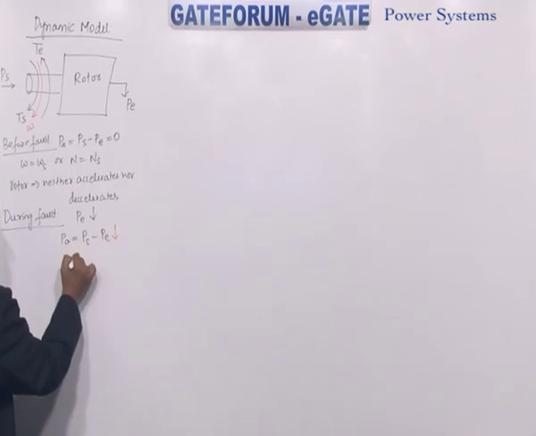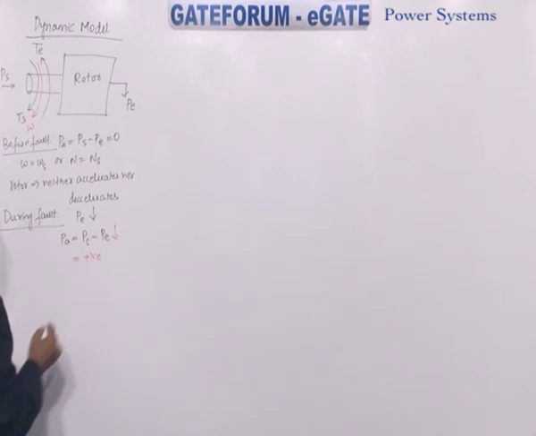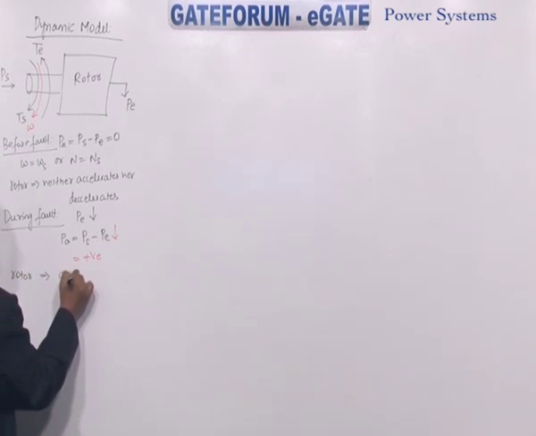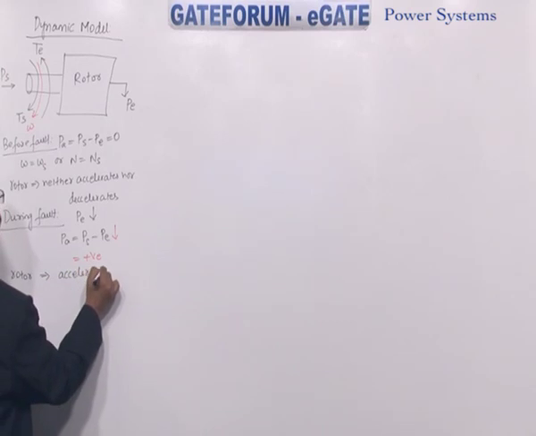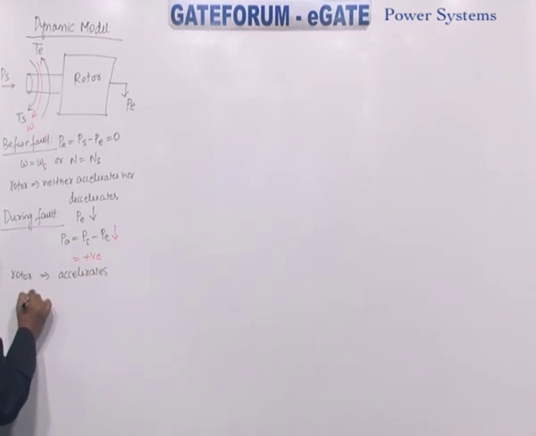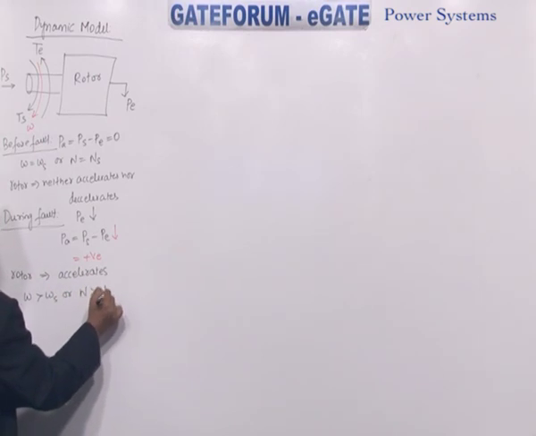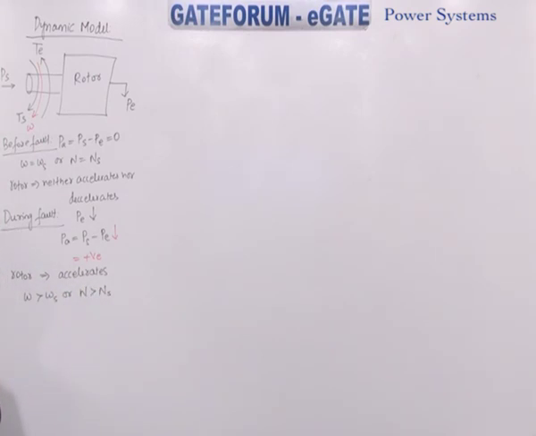As PE decreases, what happens to PA? PA is positive, which refers to the rotor accelerating. If the rotor accelerates, omega is greater than omega s or n is greater than ns.